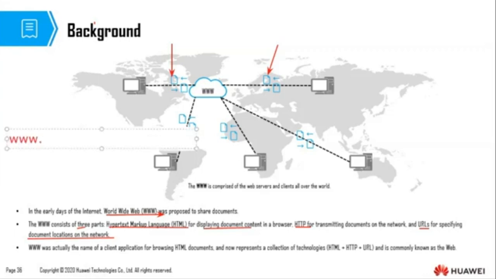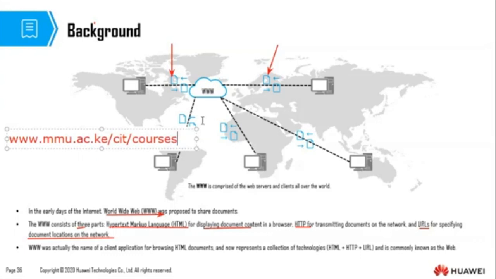So for example, mmu.ac.ke, CIT, maybe lecturers or courses. So that is what we call a URL.